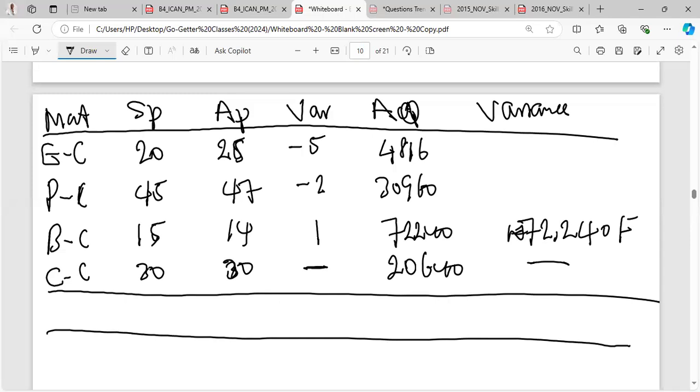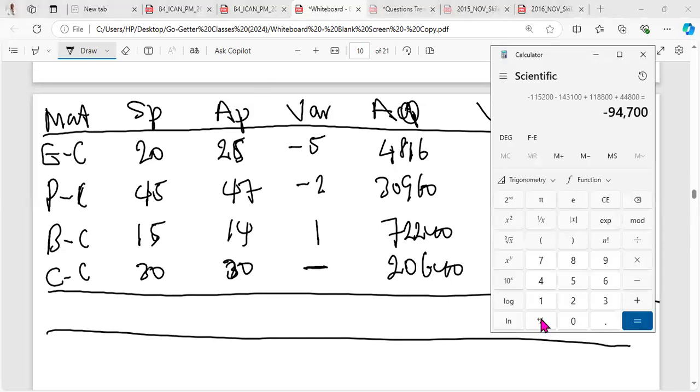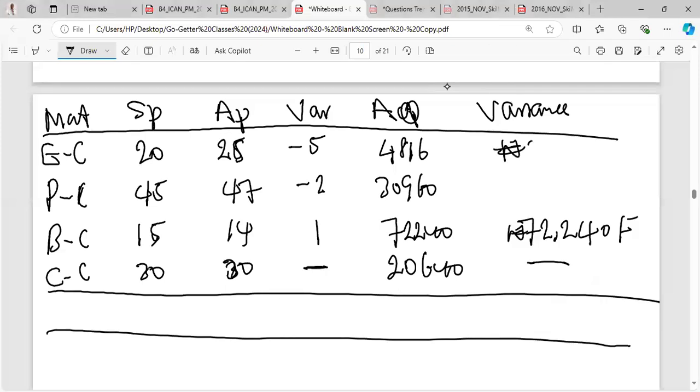So let's do them. -5 multiplied by 4816 gives me 24,080, which is adverse.